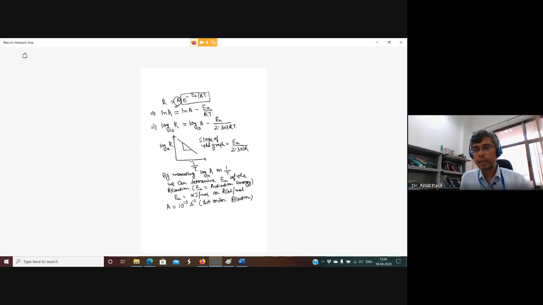This is the basic understanding required about the Arrhenius equation, and I hope all of you know the fundamental understanding. So now, if I ask this question, why is activation energy required?